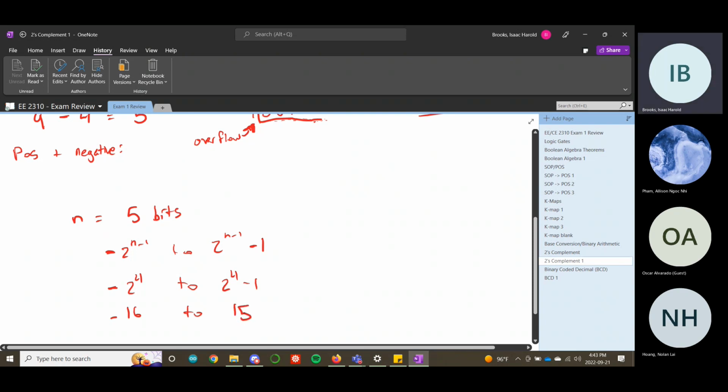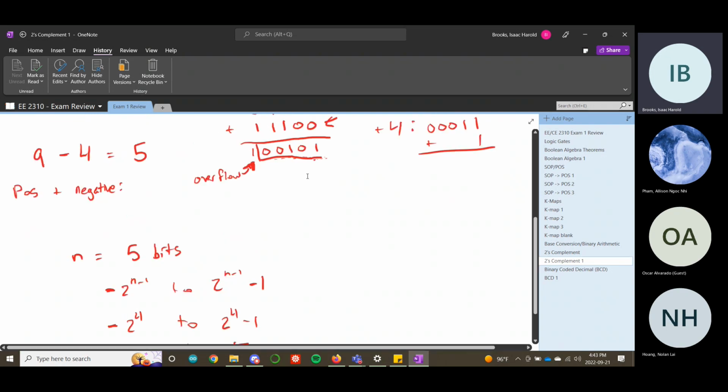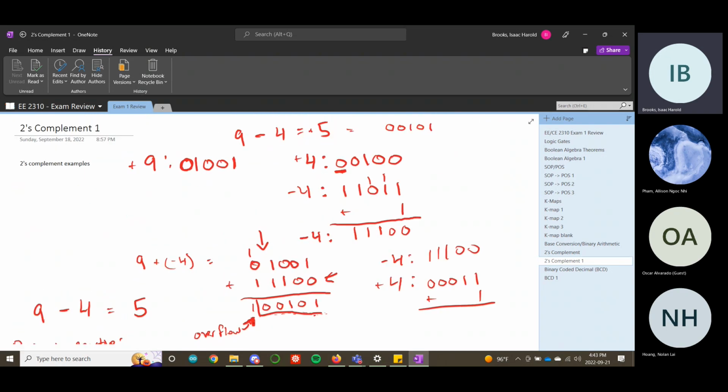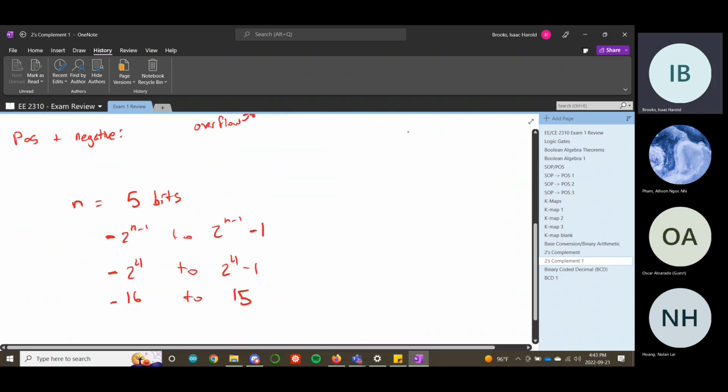If we're talking about when an overflow would harm our calculations, which is probably what you mean by asking, are you going to get an overflow? In this case, yeah, we got an overflow bit, but that's fine. We expected to. If we tried to, in 2's complement world, add 10 plus 10, we would not get 20 because we cannot represent 20 using these 5 bits in 2's complement.